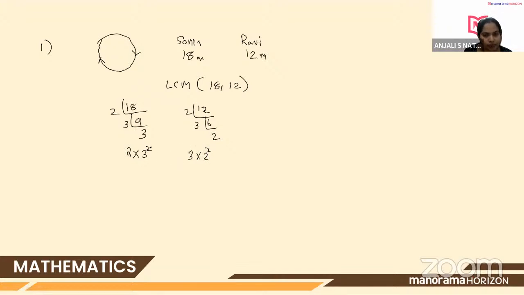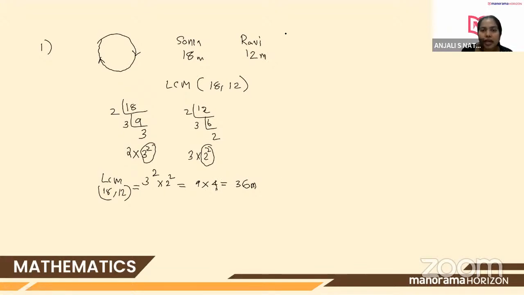We should take the factors with the highest power. So that is 3 square into 2 square. So the LCM of 18 and 12 is 3 square into 2 square, that is 9 into 4, which is equal to 36 minutes. At 36 minutes, they meet together.